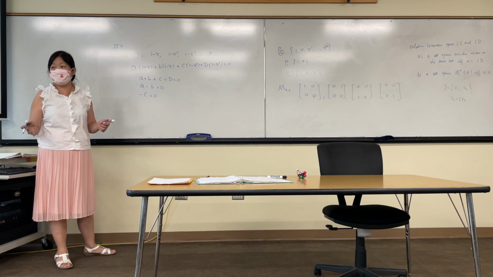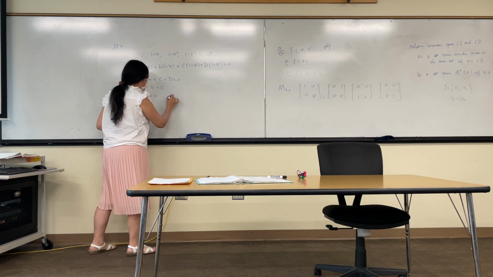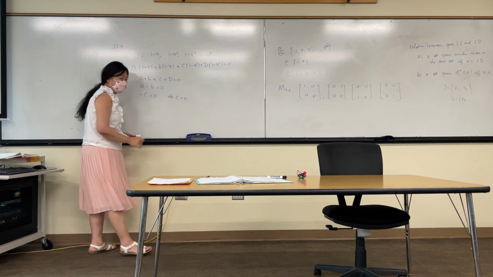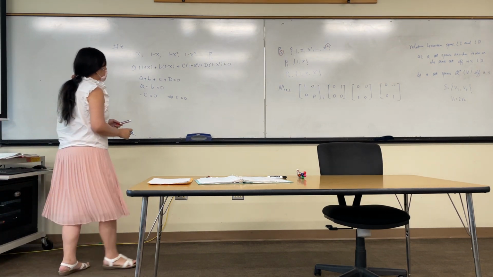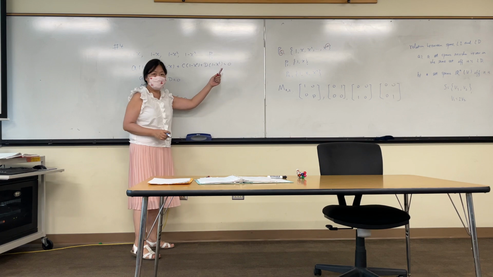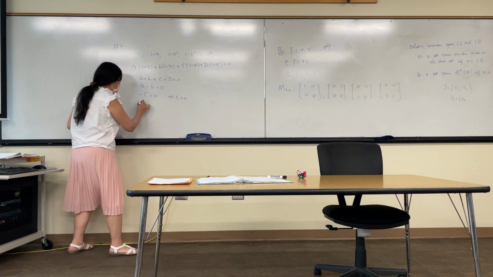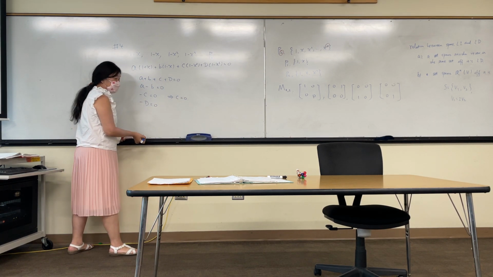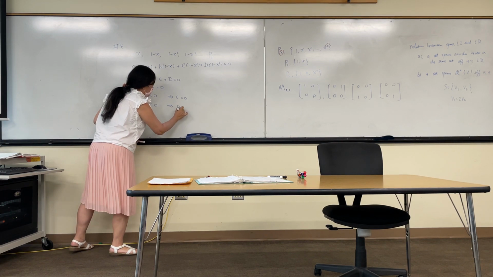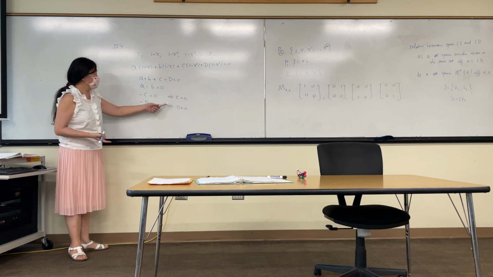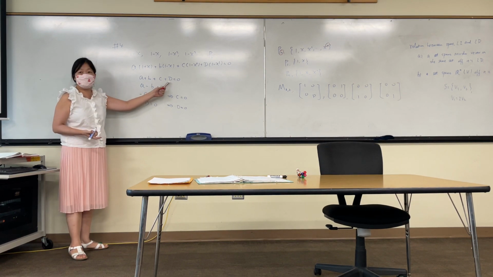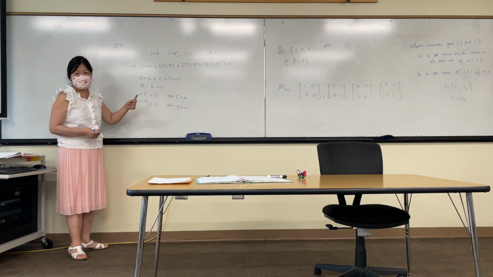Right away C is equal to 0, isn't it? And then what about my negative D? D is equal to 0. And if C and D equal 0, that means these two equal 0, right?